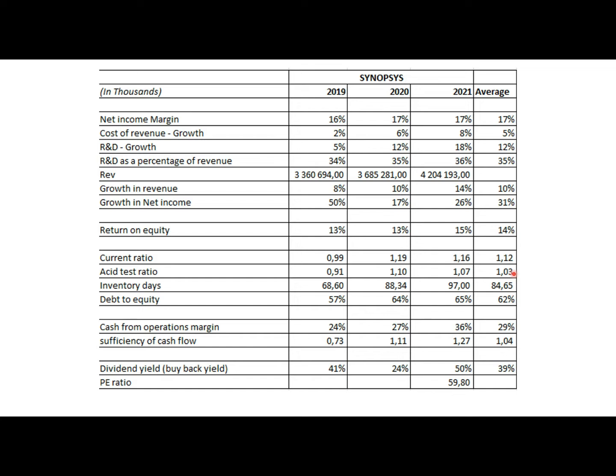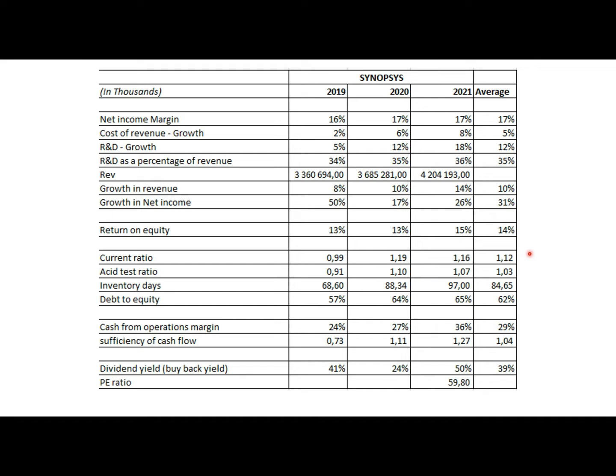And again, remember, liabilities are mainly driven by deferred revenue. So both these liquidity ratios, as we talked, are below the industry average, but they do indicate a company that is in a satisfying liquidity position. Maybe below industry average, but again, not a bad thing considering what drives the liability.